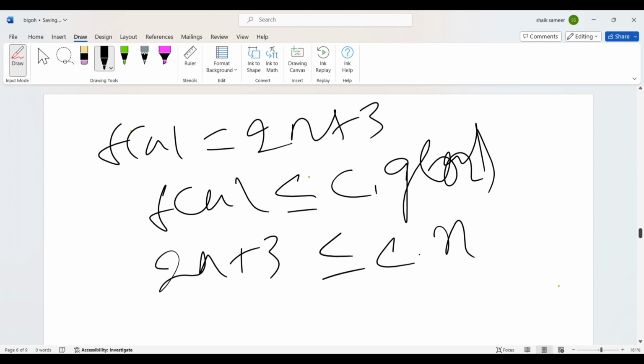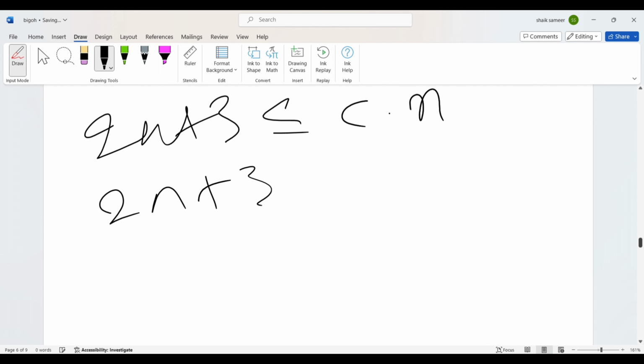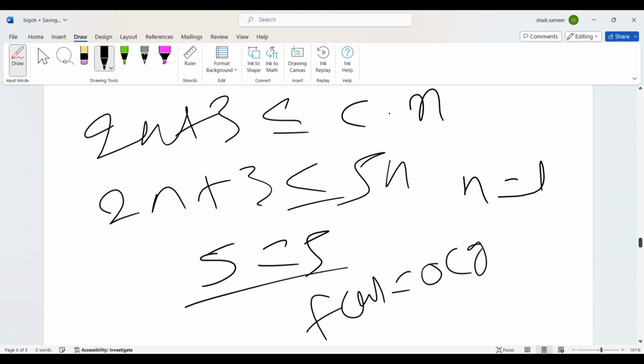So we have to substitute some value of c so that this value becomes less than or equal to c into g of n. If I put c equal to 5, where n equals 1, this value becomes 5 equal to 5, satisfied. So then the answer is f of n equals Bigoh of g of n.